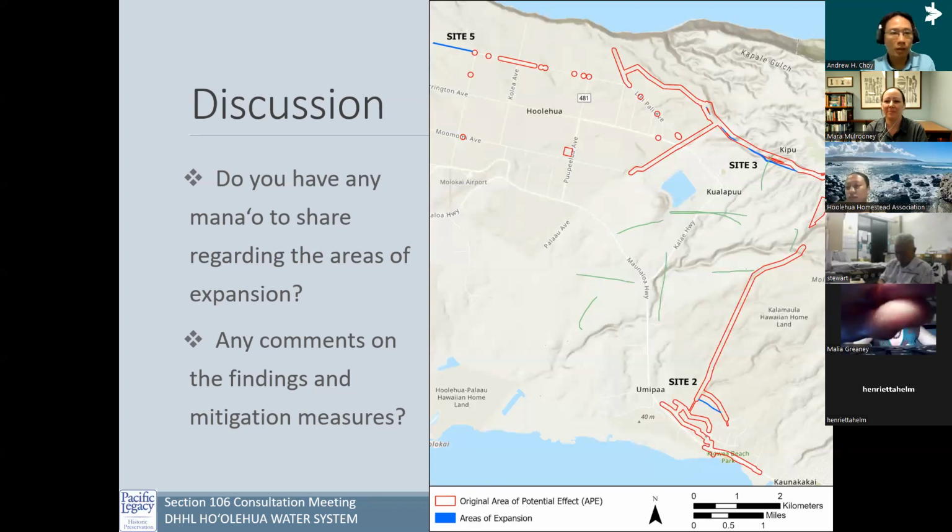Thanks, Malia. Thanks, Mara. Cora asks the question, are there two water pumps with two main valves in upper and lower Kalamaula Mauka? There are two deep wells and also two booster pumps up in Site 1.